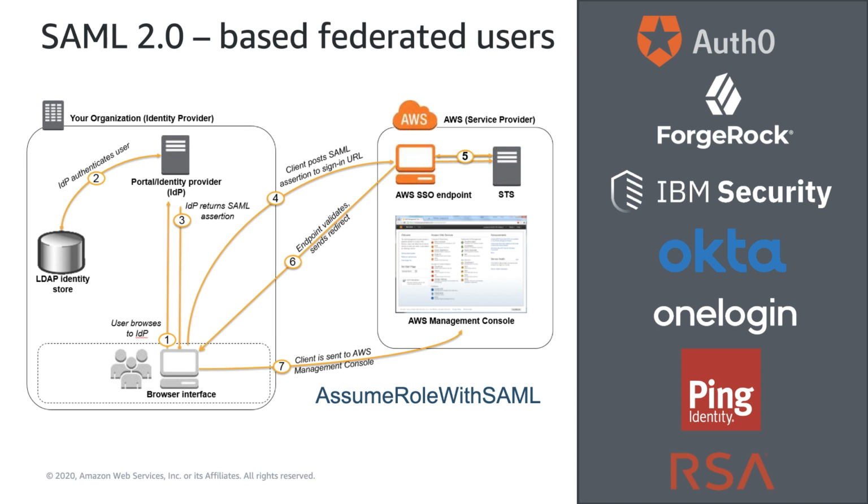In our case, it's the AWS console application. This is called the IDP initiated single sign-on scenario. In both cases, the IDP provides an assertion that contains information about the user identity and the roles this user can sign in with to the service provider.